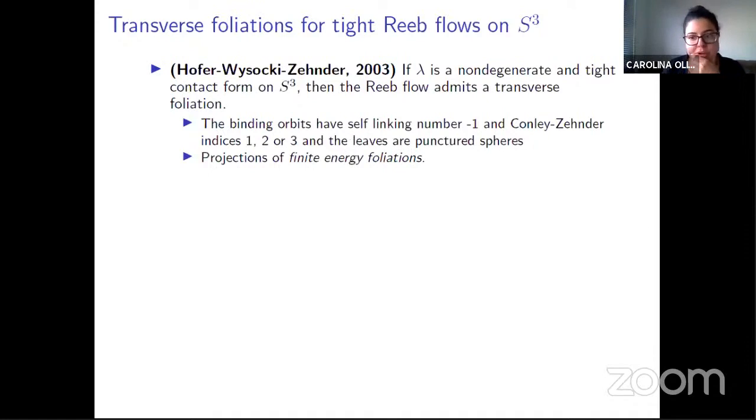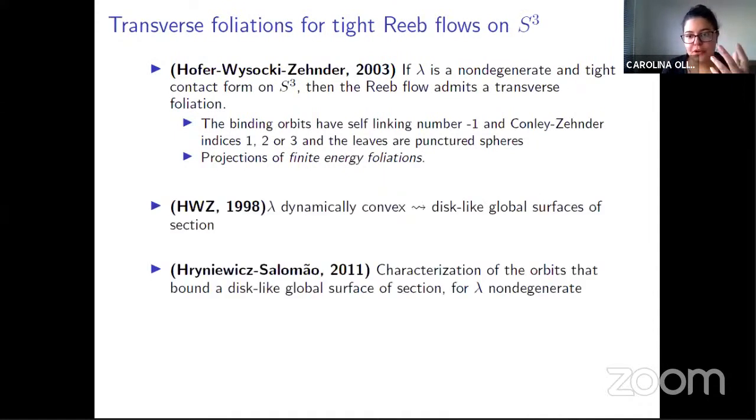But in general, a question that we still have is which Reeb flows have which kind of transverse foliation. For the dynamically convex case, in particular for strictly convex energy levels, we know that we always have a disk-like global surface of section. Actually, a one-parameter family of these global surfaces of section forming an open book.